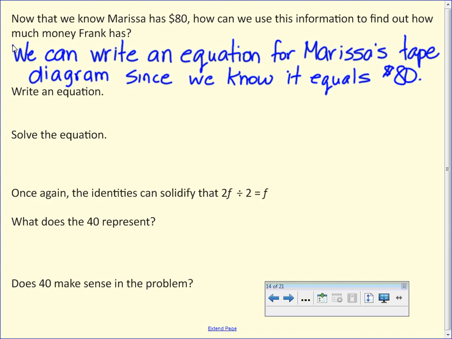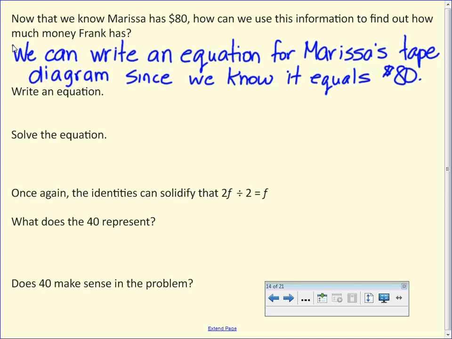We can write an equation for it because now we know Marissa's tape diagram equals 80, and it is made up of Frank's amount.